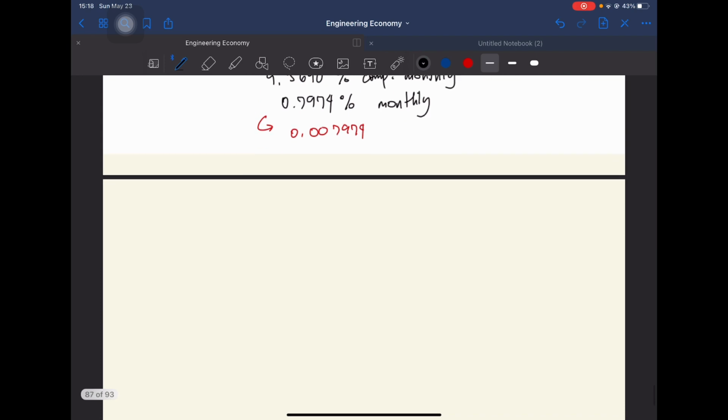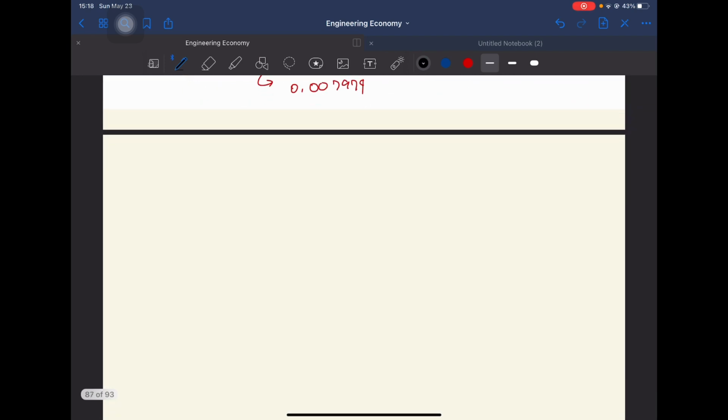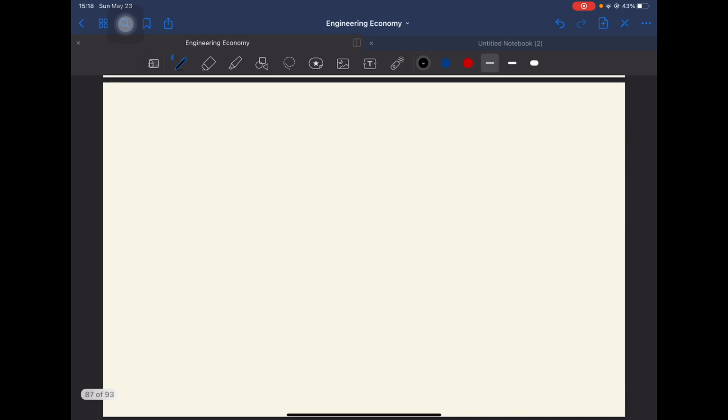We don't have an example yet of an annuity due with future worth, but anyway, I think you can manage. So this is our cash flow diagram.